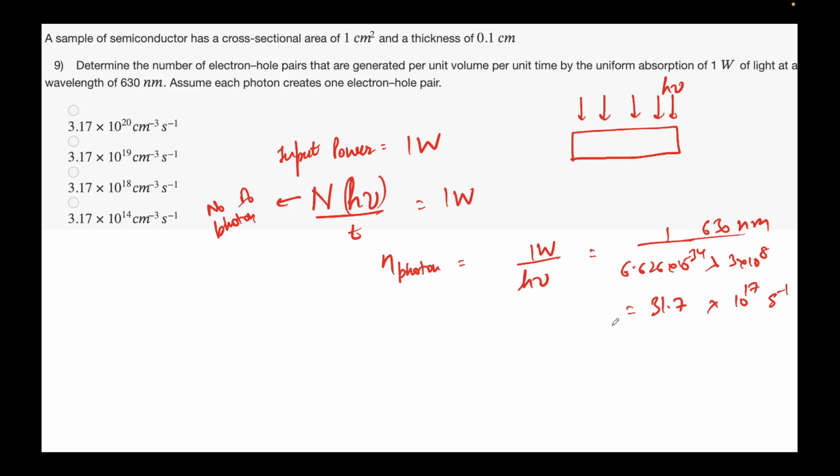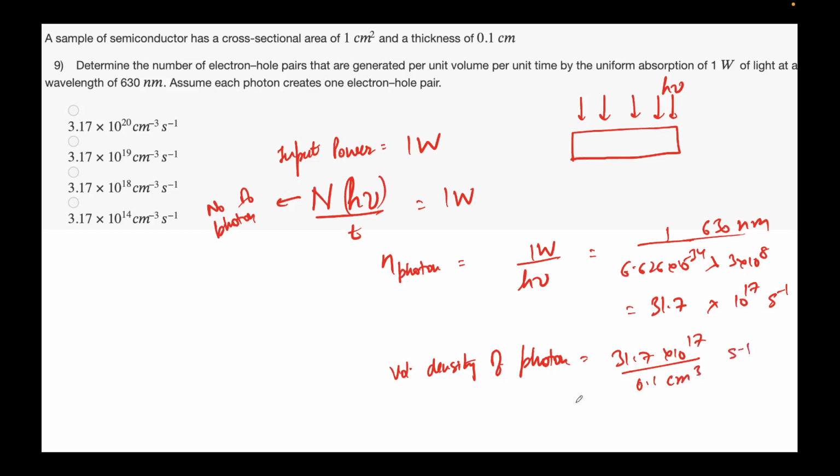And now this is the volume at which they are falling. So I can say that the volume density of photons is equal to 31.7 into 10 to the power 17 over the volume, that is 0.1 centimeter cube.